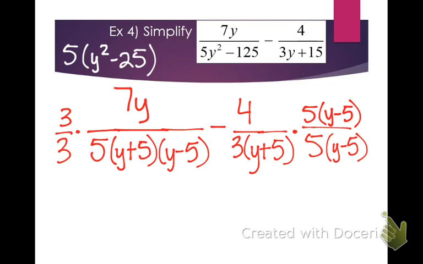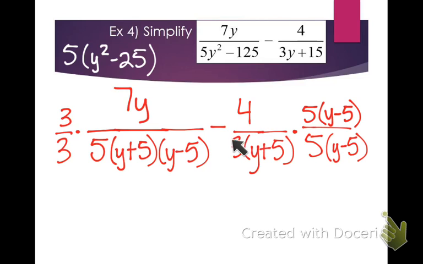Okay, so we look at the denominator on the left and compare it to the one on the right. All the one on the right has is a y plus 5, which this one already has, so they're already even in that regard. But this one on the right also has a 3. This one on the left doesn't have a 3, so he says, I want that. Gimme. So we give him a 3.